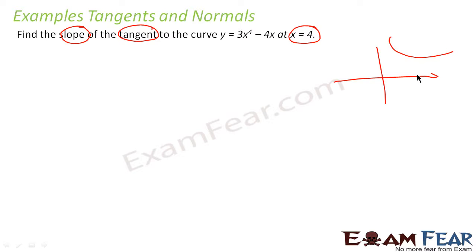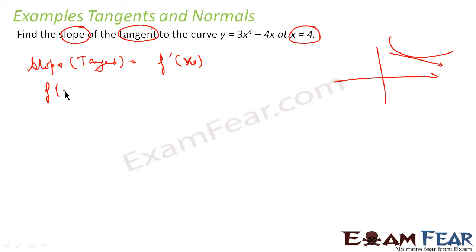And at x is equal to 4, let's suppose this point, I want to find slope of tangent. I know that slope of tangent is nothing but f dash x naught, where x naught is the point where I want to find the slope.